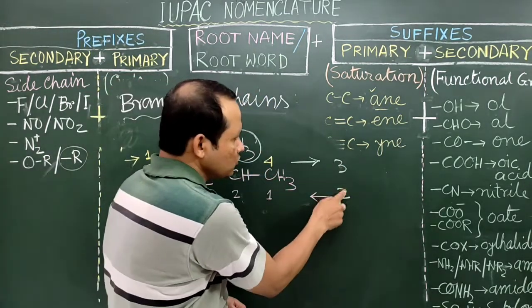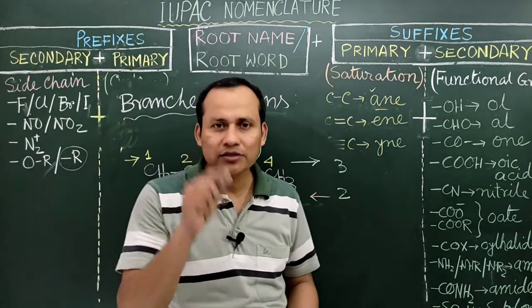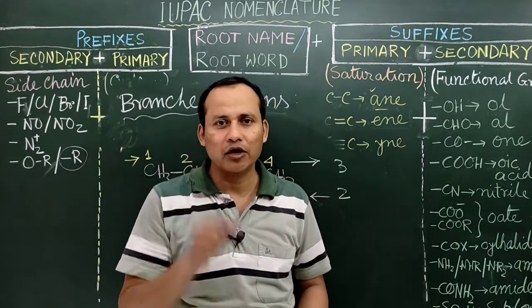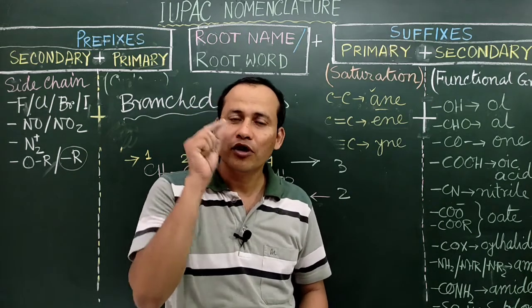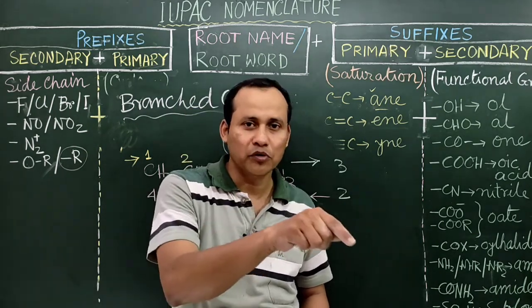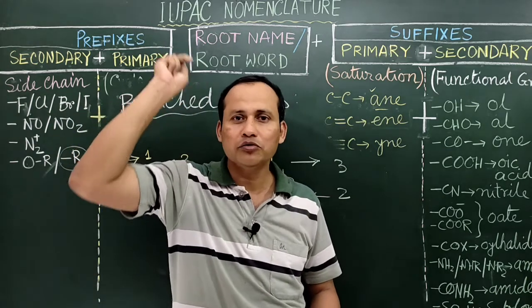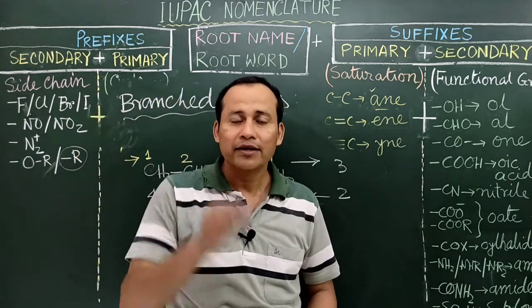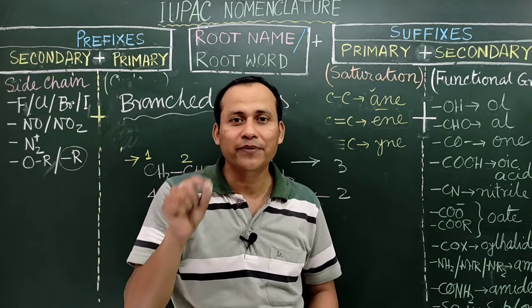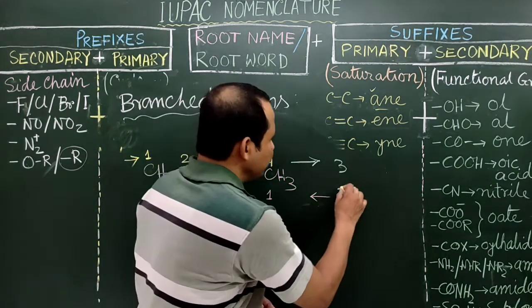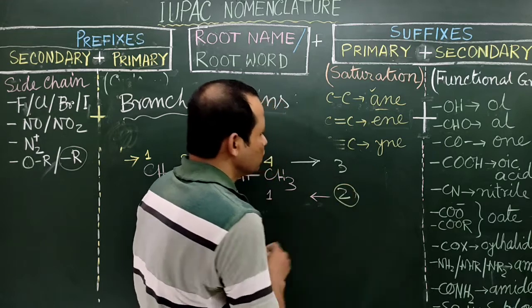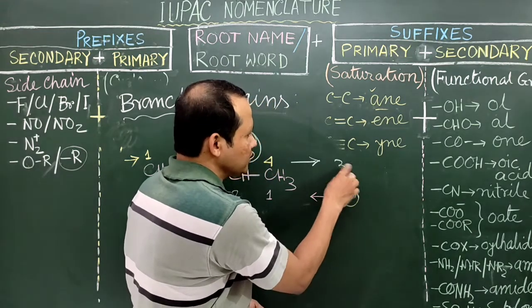Now these two are called locants of the side chain or substituent. This locant will tell you from which direction you have to go, and according to the IUPAC system, the lowest locant should be chosen. So if we proceed from right to left, it is 2. So this is lower than this one.